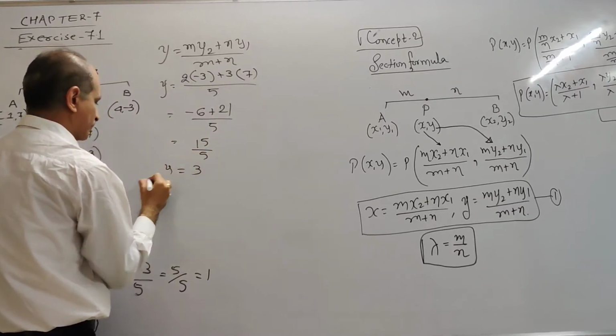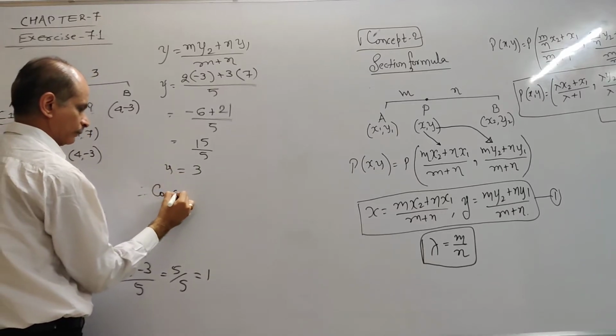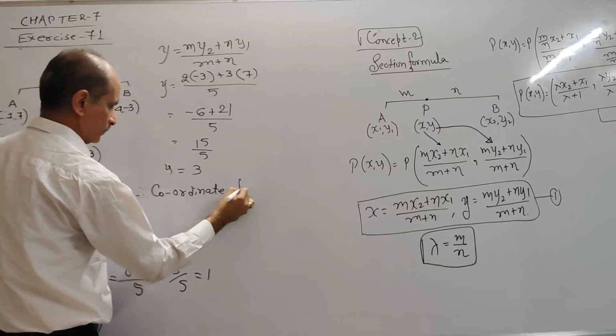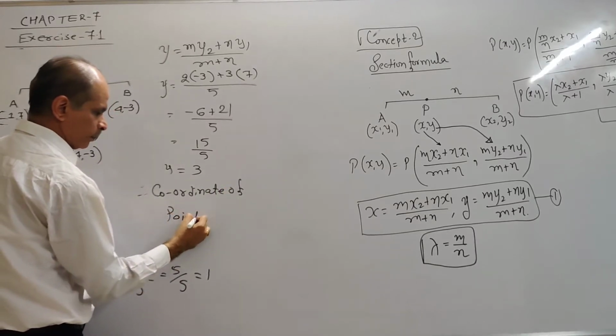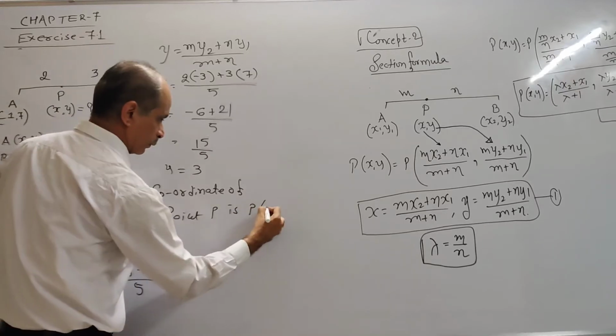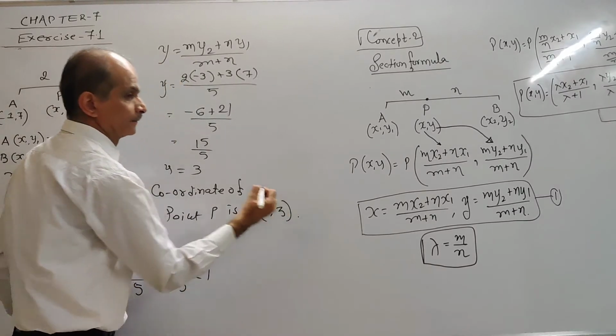So y is equal to 3. Therefore, coordinate of point P is P(1, 3).